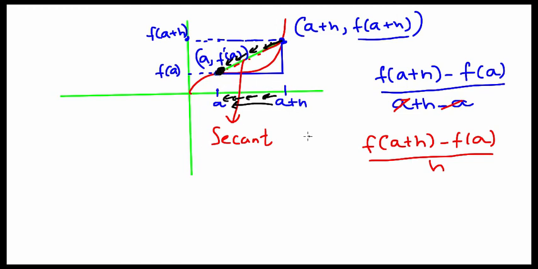So we need to put the limit as h goes to 0, because we want to bring this point toward a, so we can find the slope at point a. So we have the limit as h goes to 0 of f of a plus h minus f of a over h, and this is the definition of the derivative.